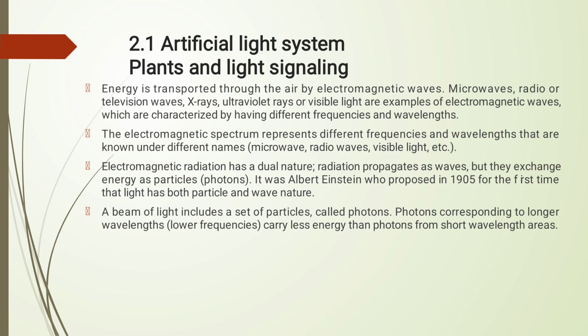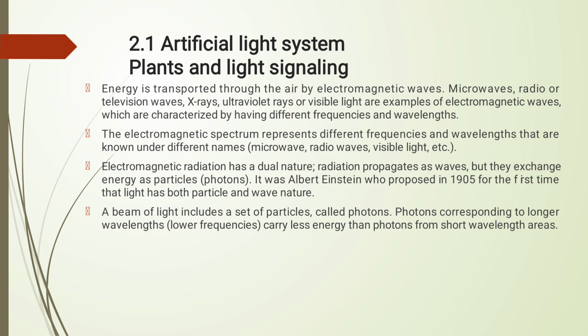The electromagnetic spectrum represents different frequencies and wavelengths that are known under different names such as microwaves, radio waves, visible light, etc. Electromagnetic radiation has dual nature. Radiation propagates as waves, but they exchange energy as particles, photons.